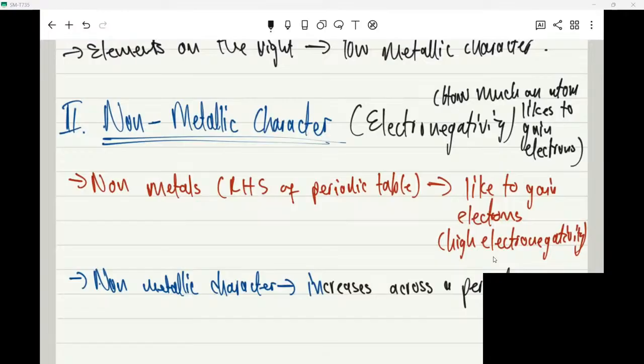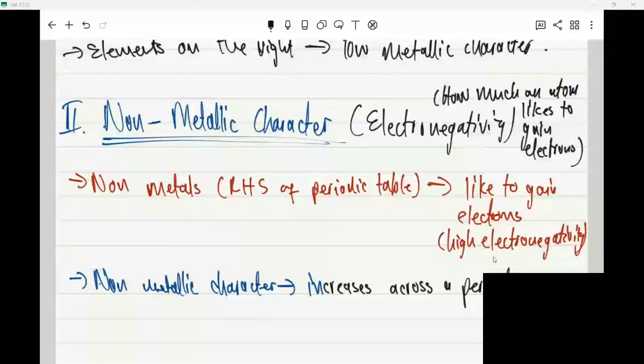Things on the far right, group 7, are very electronegative. They are greedy for electrons. Things that love to gain. They just love to gain electrons. They have a high non-metallic character. Things on the right hand side.